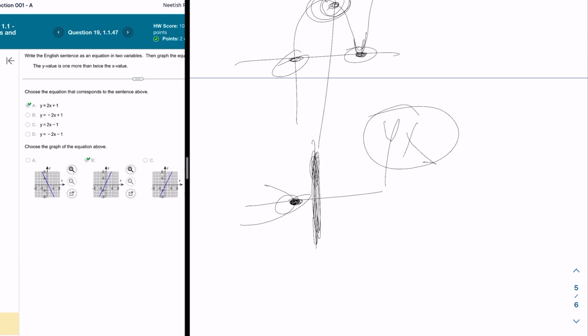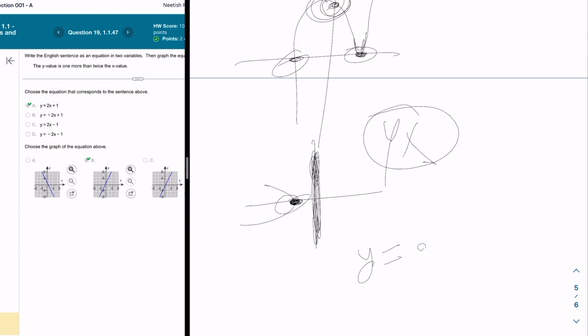So what's given? The y value is, so write down y, and "is" means equal. Y equals 1 more than twice the x value. One more means plus 1, right? Then twice the x value.